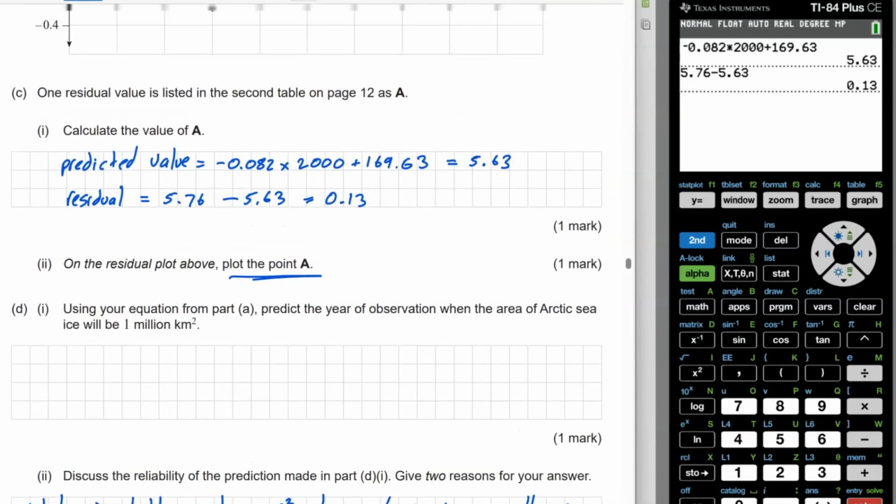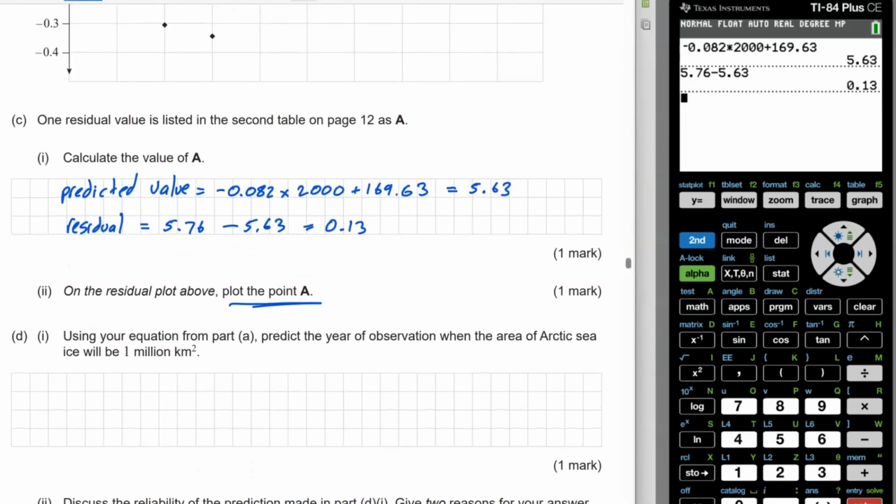Then we're going to use that to actually predict what's happening. Now, this 1 million here, that's going to be equal to our S value. So S in this case is going to equal 1, and we're going to substitute that into our regression line. So 1 is equal to negative 0.082 times our D value, plus the 169.63.